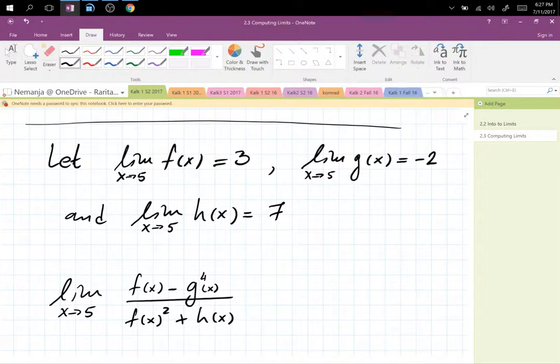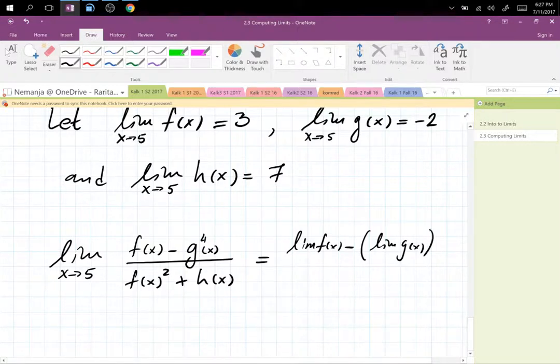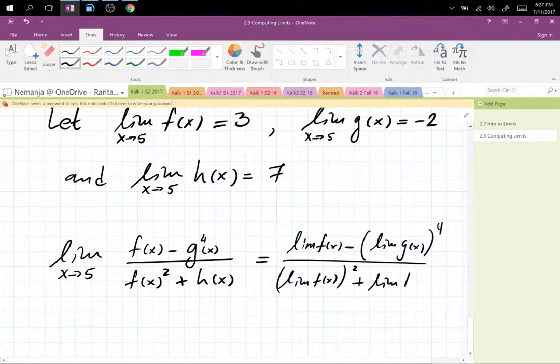So using the limit laws, each one of these will get its own limit. So we will have limit of f of x minus limit of g of x, everything to the fourth, divided by limit of f of x, everything squared, plus limit of h of x.